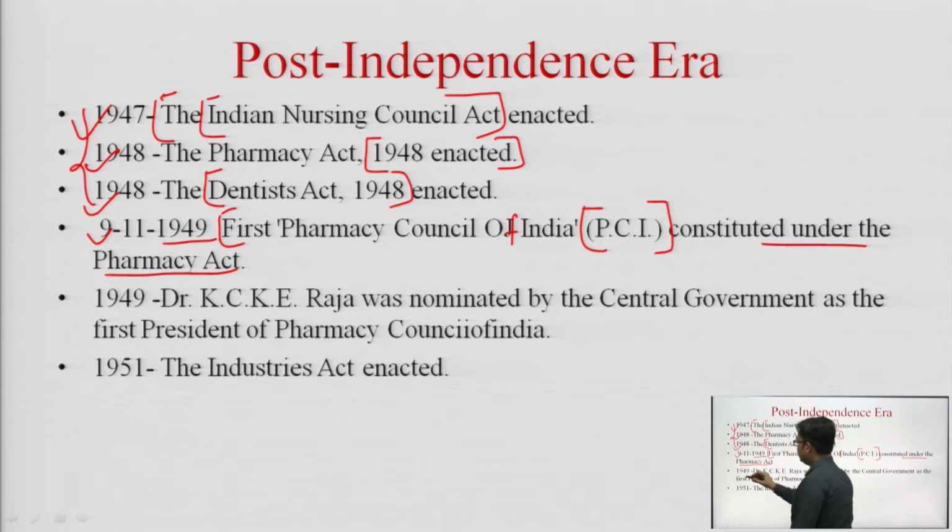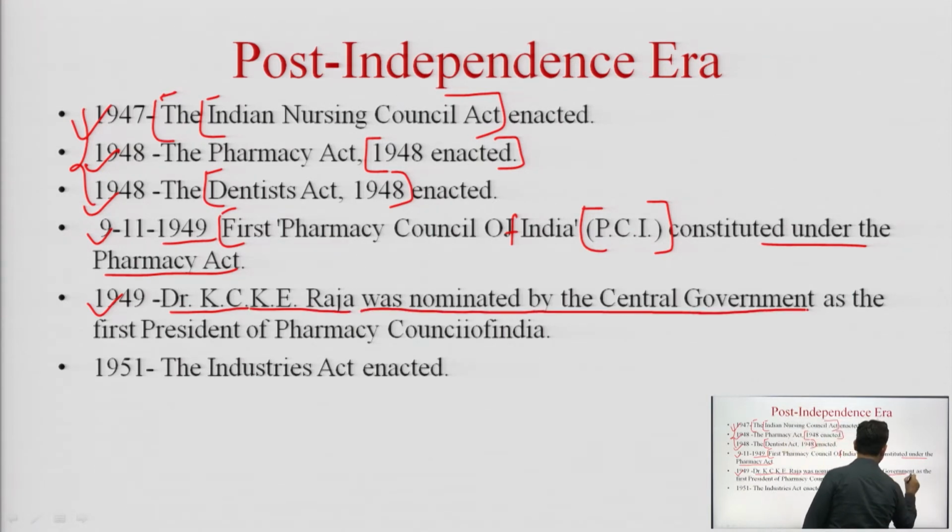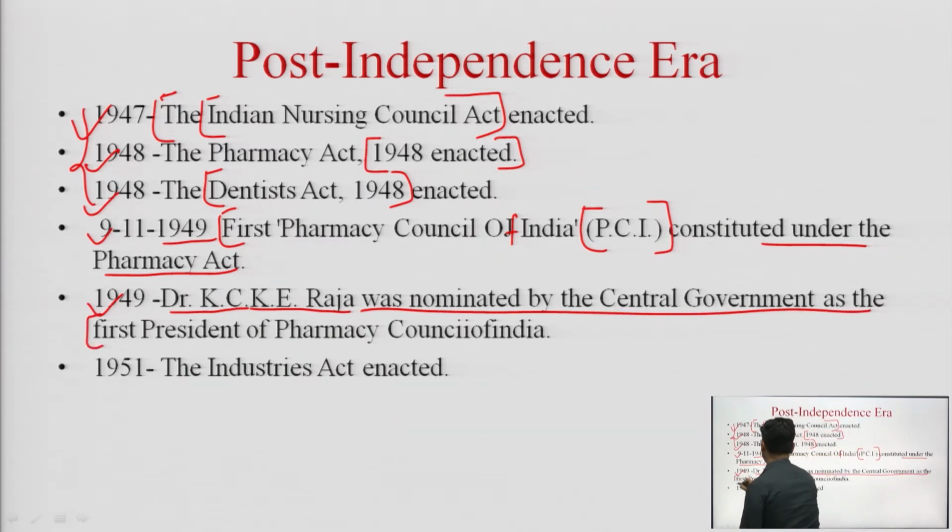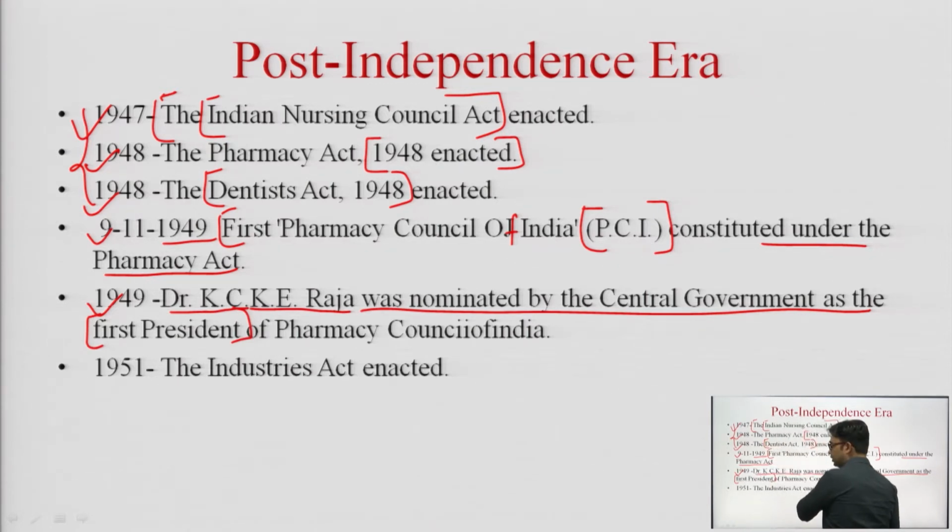And in 1949, Dr. KCKE Raja was nominated by the central government as the first president of the Pharmacy Council of India. So Dr. KCKE Raja was the first person to be made president of the Pharmacy Council of India.